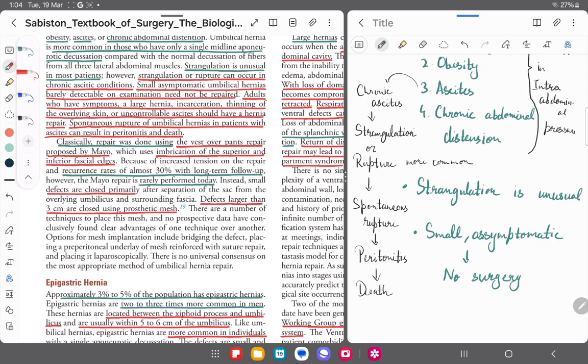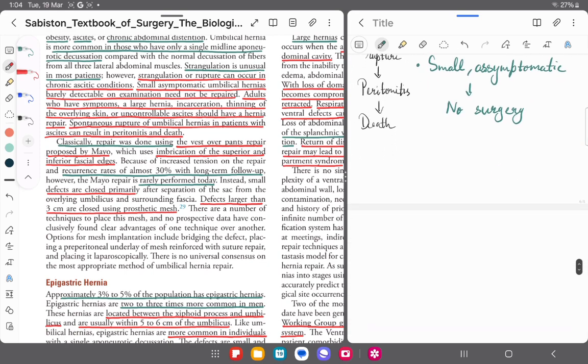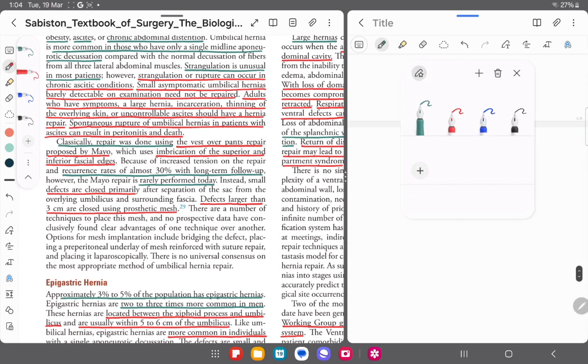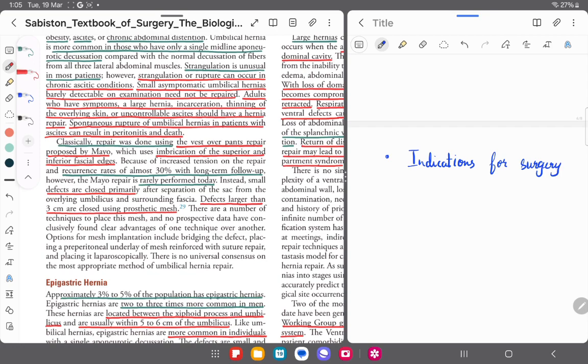And who needs surgery is the next point. Next point is indications for surgery. So number one indication is adults who have symptoms, so symptomatic umbilical hernia.